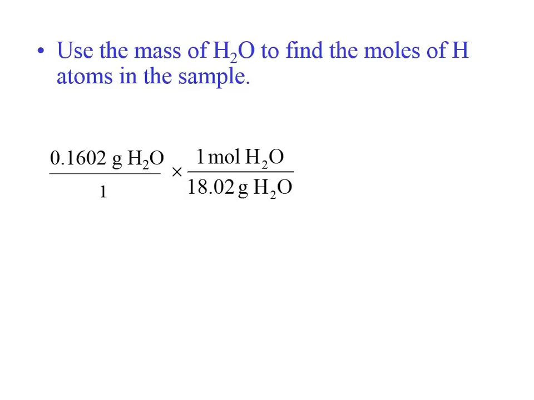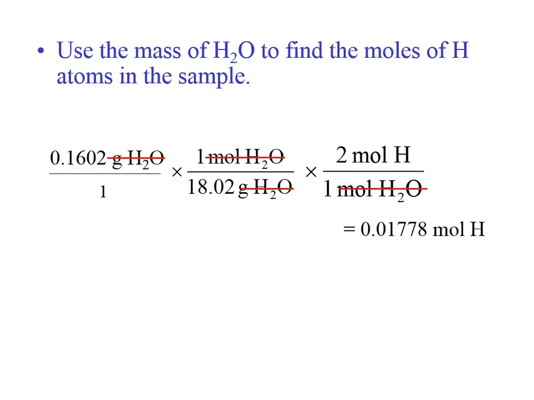Now this is a step where a lot of times people mess up: how many moles of hydrogen atoms are there in 1 mole of H2O? 2. Yep. So now we need to introduce one more term, 2 moles H over 1 mole H2O. Looks like 4 sig figs. And I got 0.01778.